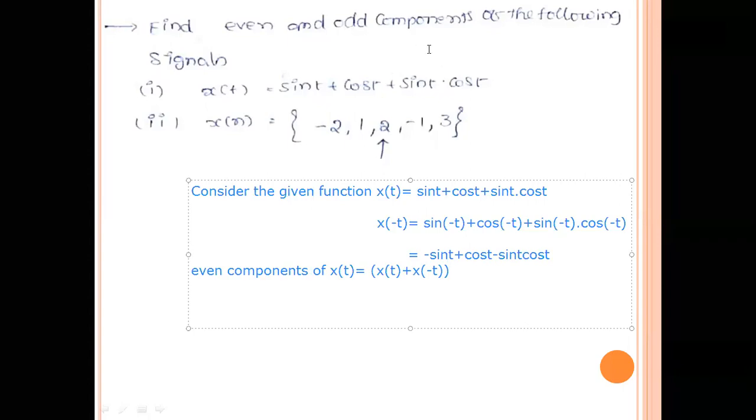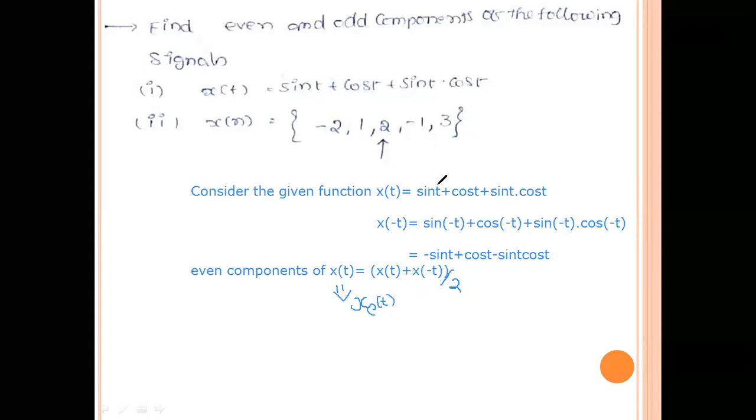Is it not? So you can represent this as xe of t, equal to 1 by 2 multiplied by x of t plus x of minus t.